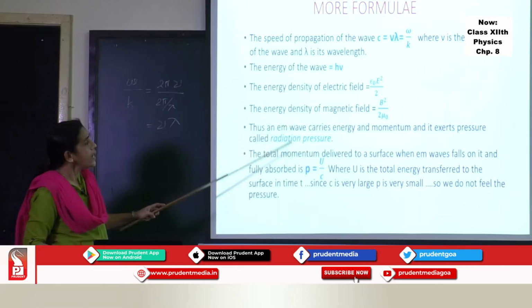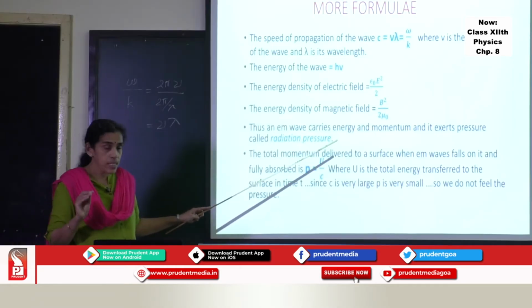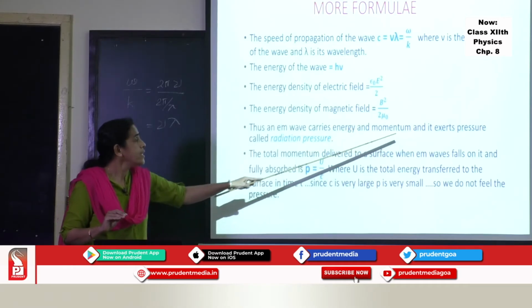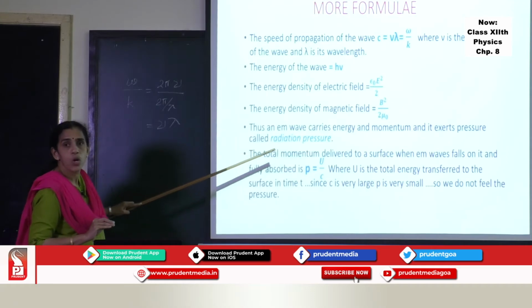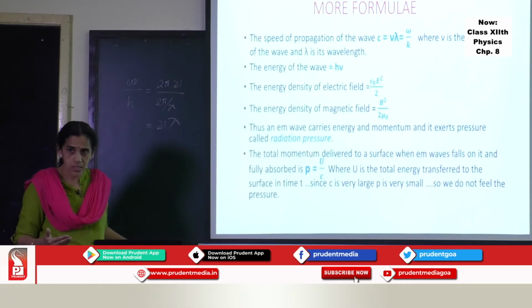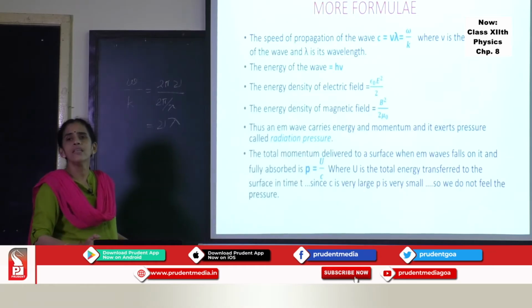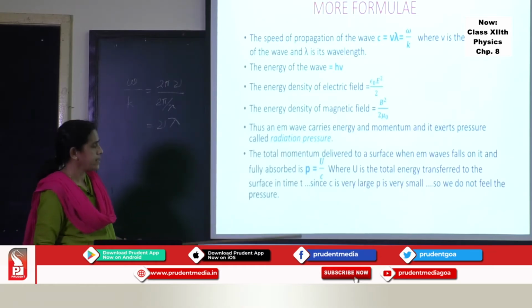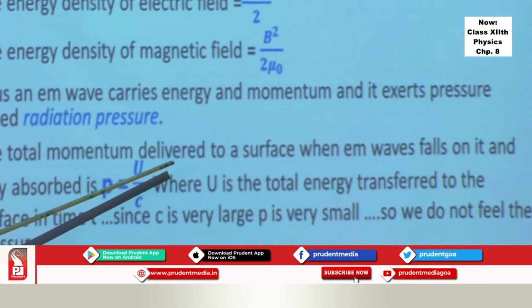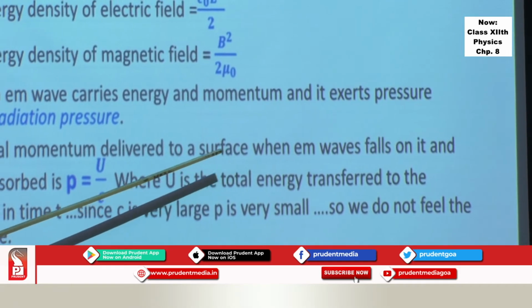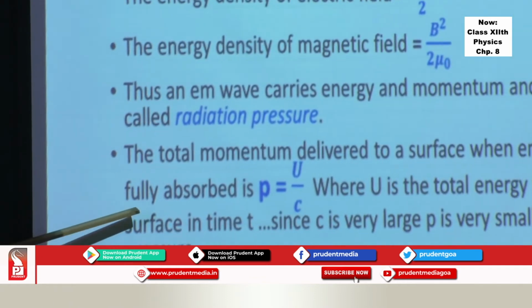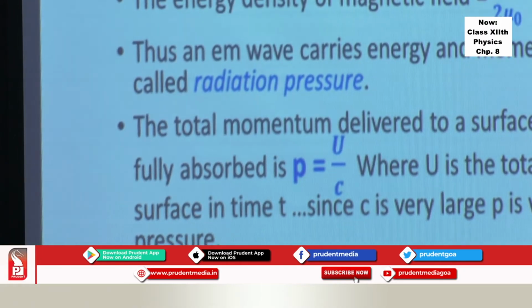Then, an electromagnetic wave carries energy and momentum and it exerts pressure called radiation pressure. Wave is having energy. So, when it falls somewhere, it will exert pressure. Then, another formula, the total momentum delivered to a surface when electromagnetic waves fall on it and it is fully absorbed.